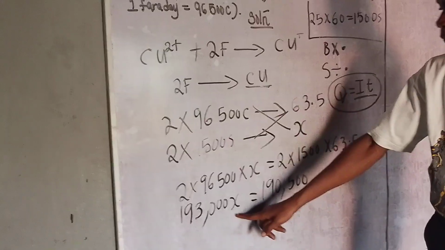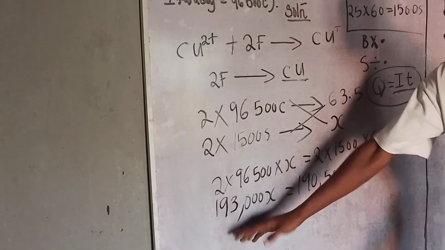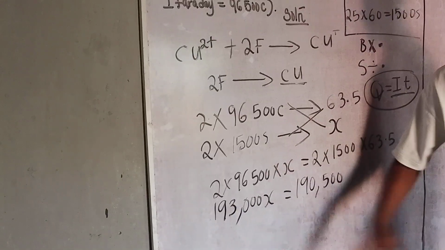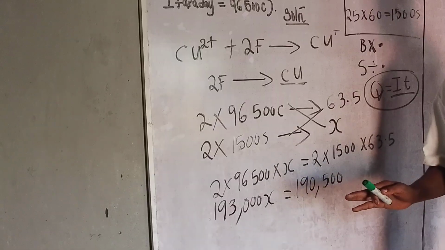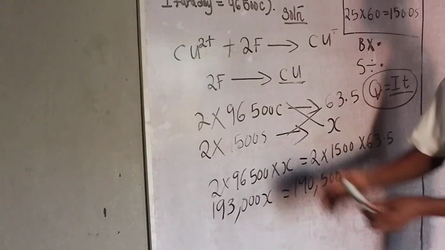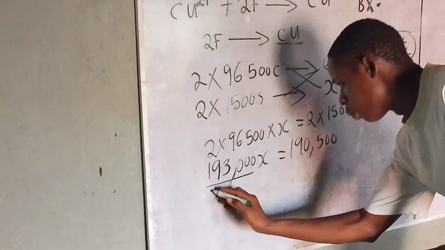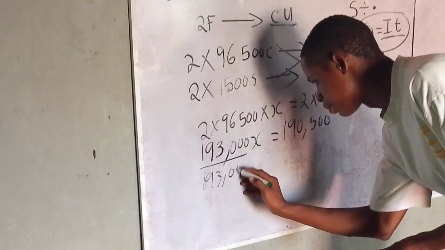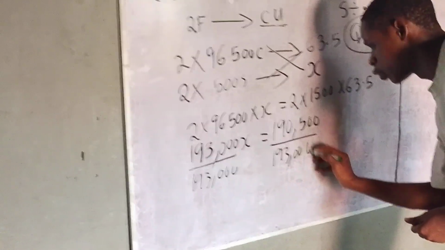So we're actually looking for x. What can we do? We have to just do away with 193,000. How will we do away with 193,000? By actually dividing both sides by 193,000. It's just simple mathematics coming into chemistry. So we divide both sides by 193,000. So this will go away.